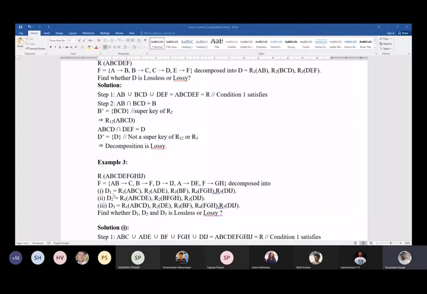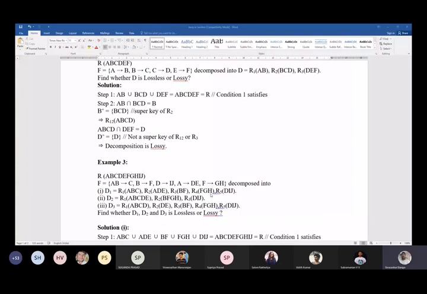So you have a relation with attributes A, B, C, D, E, F, G, H, I, J, which is fragmented into 5 relations: R1 with attributes A, B, C, R2 with attributes A, D, E, R3 with attributes B, F, R4 with attributes F, G, H, and R5 with attributes D, I, J, right?